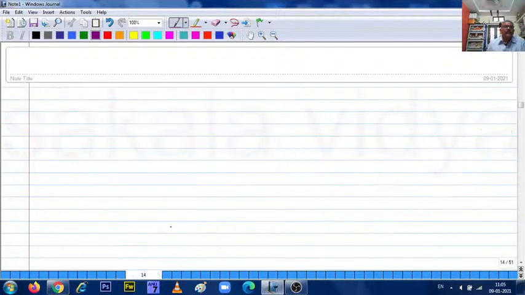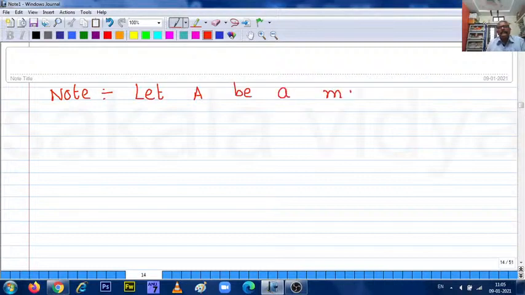And one more note, an important note. Let A be a matrix of order m by n.